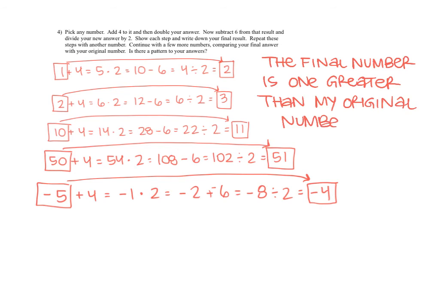And again, there's other ways you could say that. You could say add 1 to your original number to get your final number. But hopefully you see that it's always 1 greater no matter what number you pick.